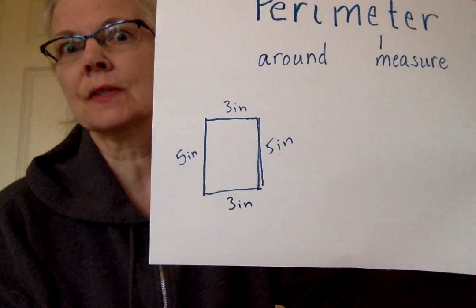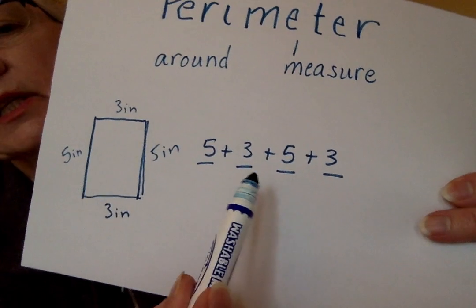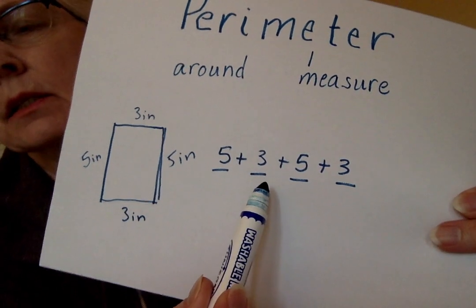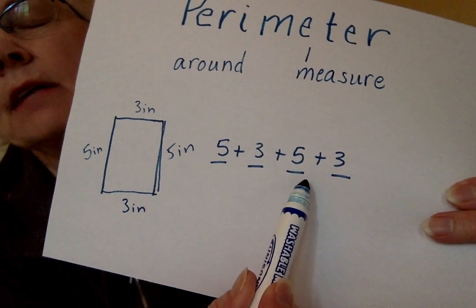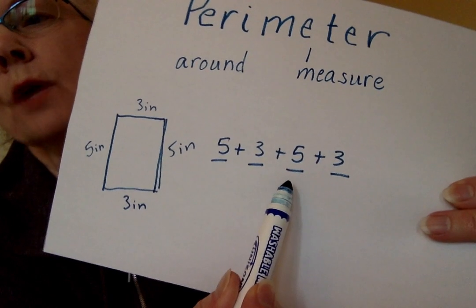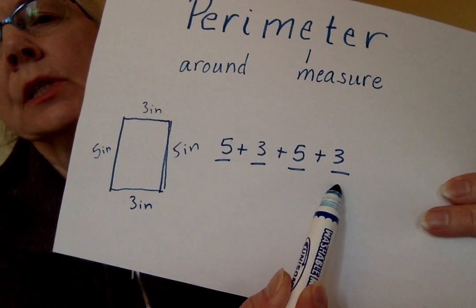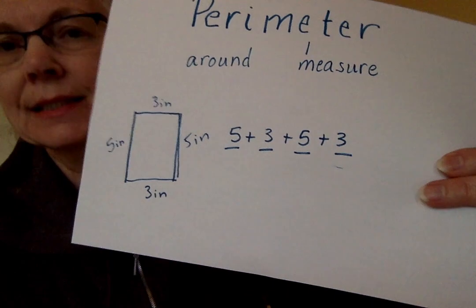Let's see if we get the same answer. 5 plus 3 plus 5 plus 3. 5 plus 3 is 8, plus 5 more is 9, 10, 11, 12, 13, plus 3 more, 14, 15, 16.